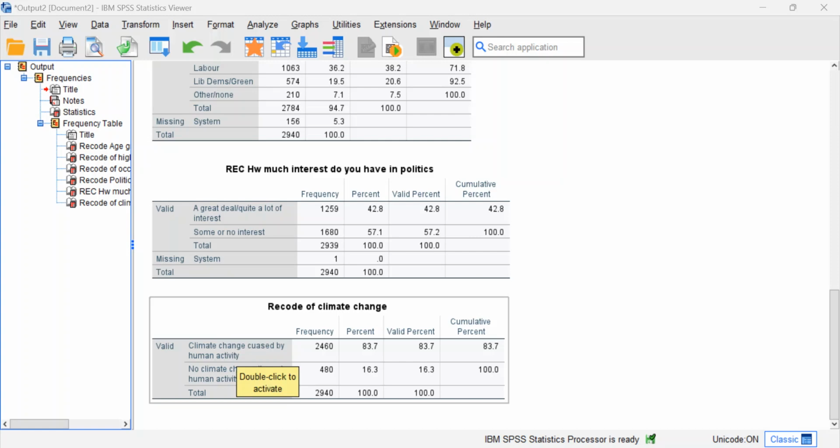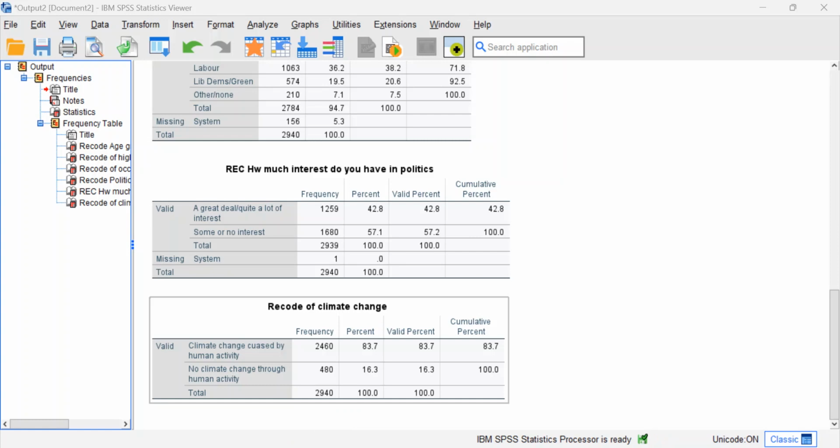And for convenience purposes, I've coded it this way round. So the first value is climate change caused by human activity. You see, we know that's already 83% of the population, and the second category is just those other two categories combined.